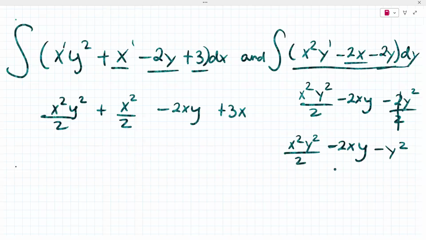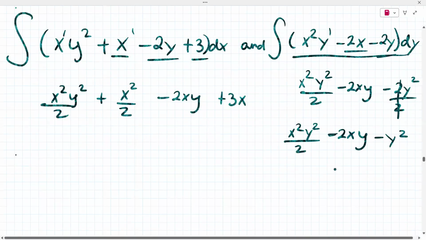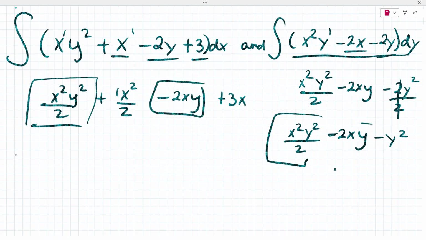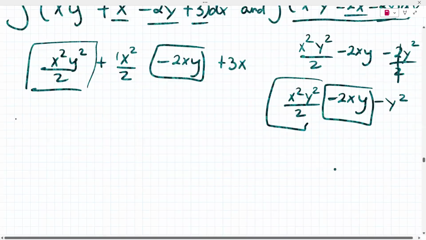Do you see anything that they have in common? I see, yes, this is a common thing. And this is a common thing, negative 2xy. So this time we have two common things, which is okay. You just have to write it out once.